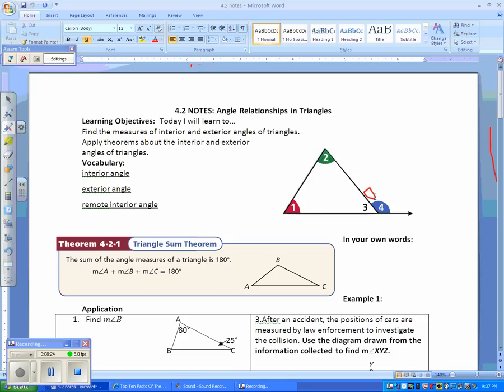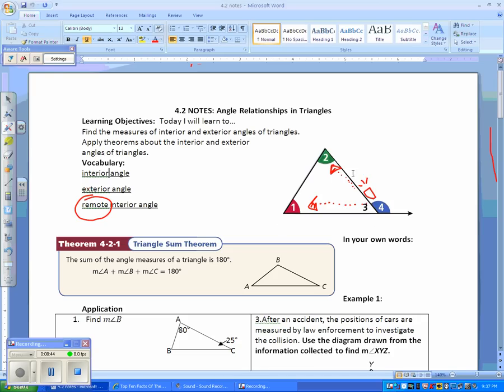Now imagine angle 4 is the exterior angle and it has a remote control, because remote kind of sounds like remote control, right? Or a remote island, something far off. We use a remote control to connect to something far away. So angle 4 has a remote control and it's going to remote plug into angle 1 and angle 2.